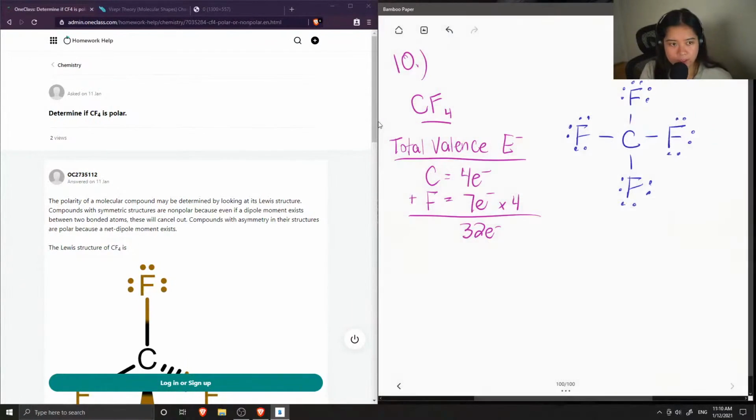So now let's find out whether or not this molecule is polar. The first thing we like to do is determine whether the carbon-fluorine bond is polar or nonpolar. A polar bond is when the electronegativity difference is greater than 0.4 and less than around 1.69.